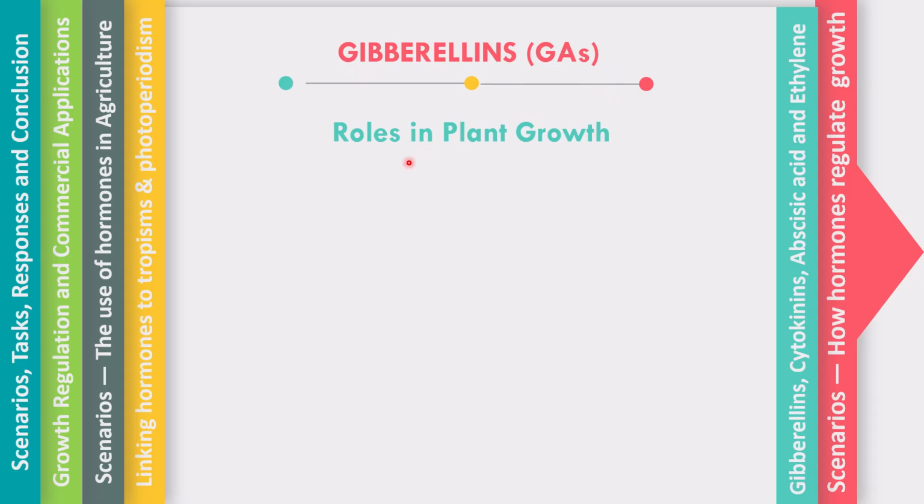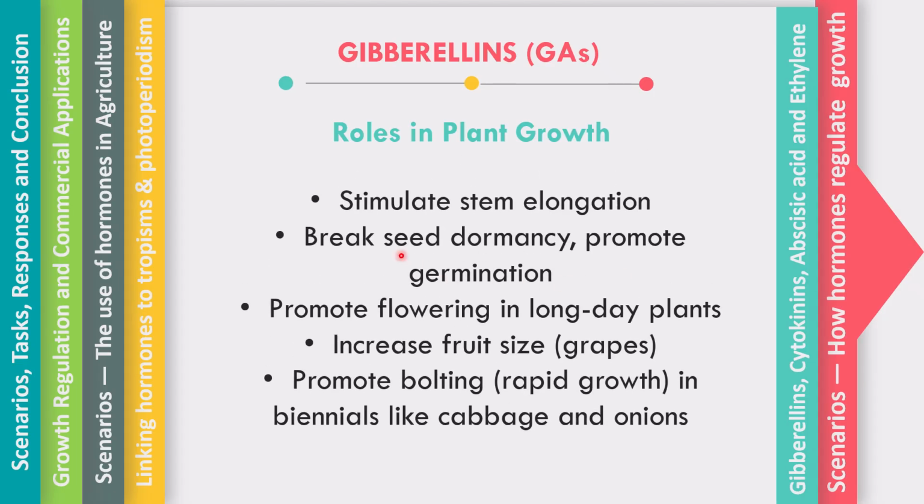The role of gibberellin in plant growth: it stimulates stem elongation, breaks seed dormancy, promotes germination, promotes flowering in long day plants, increases fruit size, especially in grapes, and promotes bolting, rapid growth in biennials like cabbage and onions.